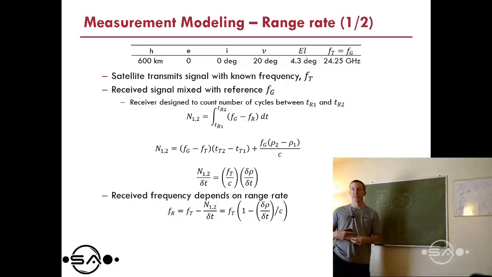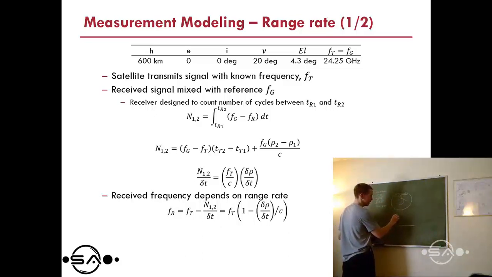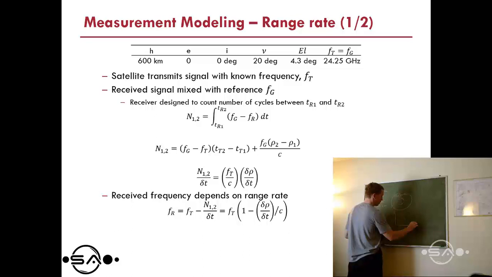Really, it's the difference, and so that will change where you'll see, as the satellite approaches the ground station, like if this were our transmitted frequency, the received frequency will be higher as it approaches, drop down to the transmitted frequency, and then be lower as it leaves.